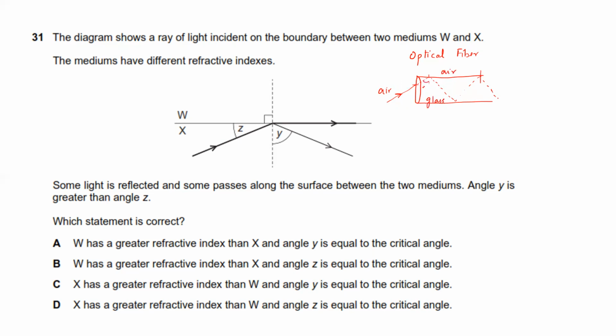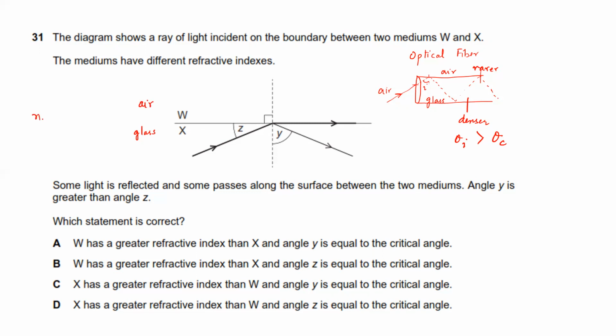So if the angle of incidence is greater than the critical angle, then the light is totally reflected. It means the light should be entering from a denser medium to a rarer medium, and theta I, the angle of incidence, should be greater than theta C. So this is glass and this is air.